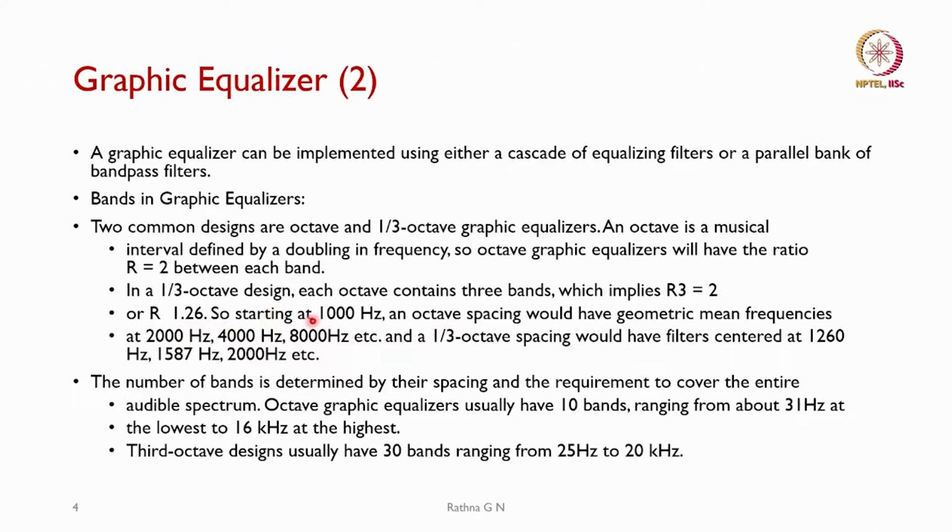Starting at 1000 hertz, that is 1 kilohertz, an octave spacing would have geometric mean frequencies at 2 kilohertz, 4 kilohertz, 8 and so on. And 1/3 octave spacing would have filters centered at 1260 hertz, 1587 hertz, 2000 hertz and so on.